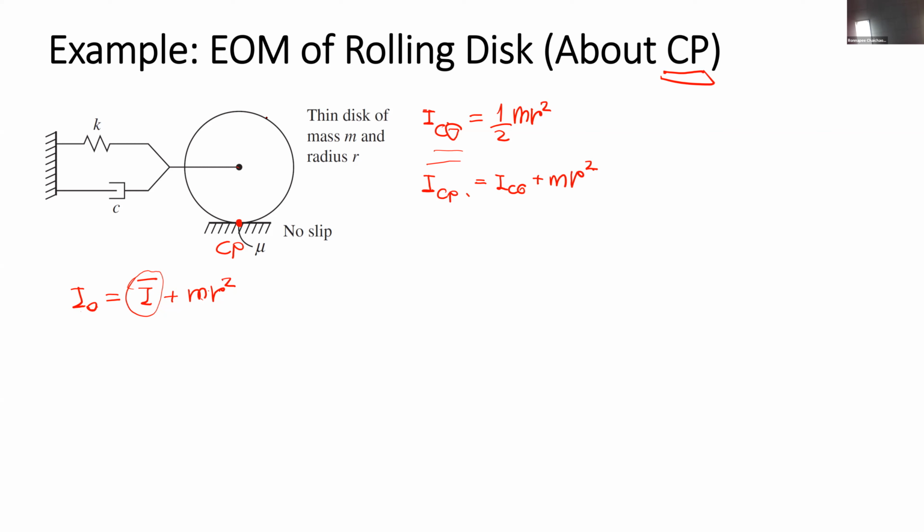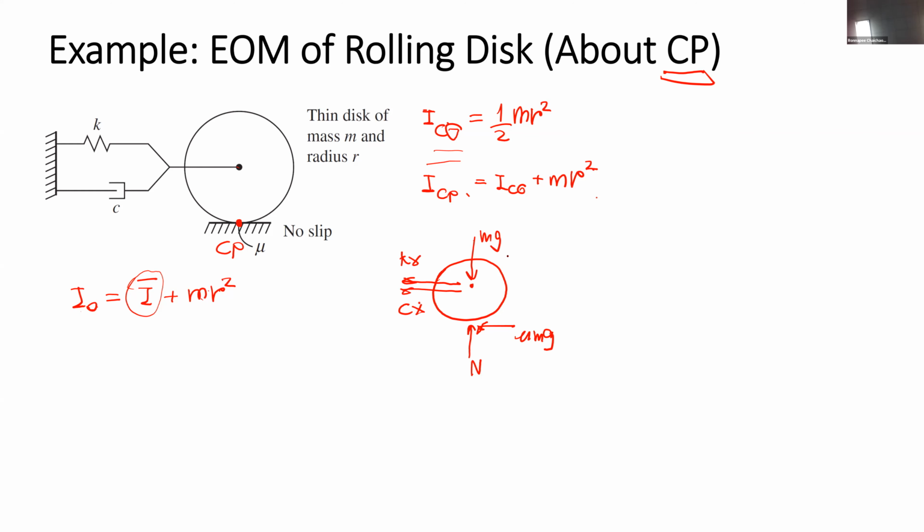And again, if we consider the disk and draw the free body diagram again, we have normal force, we have mg, we have friction mu mg, and we have the force kx and the force cx dot as on the previous page.